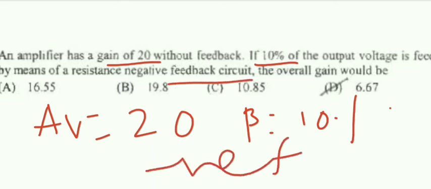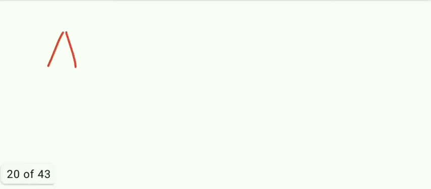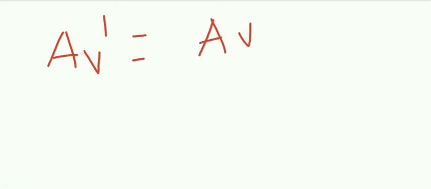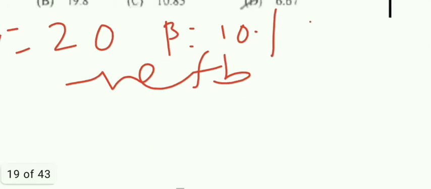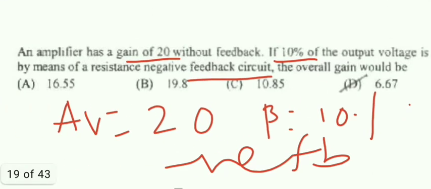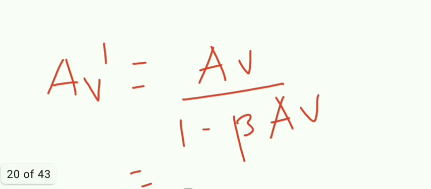For negative feedback, the gain AV dash is equal to AV by 1 plus beta AV.